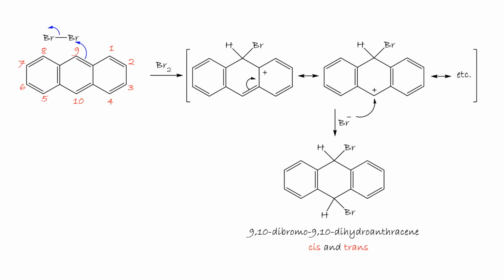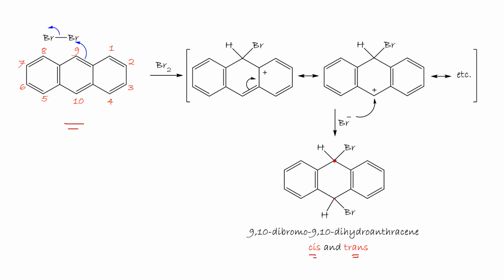When we add bromine to anthracene, the color disappears, and we get 9,10-dibromo-9,10-dihydroanthracene in a cis and trans mixture.